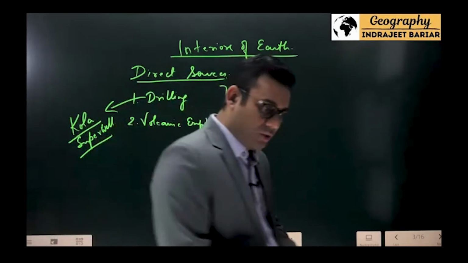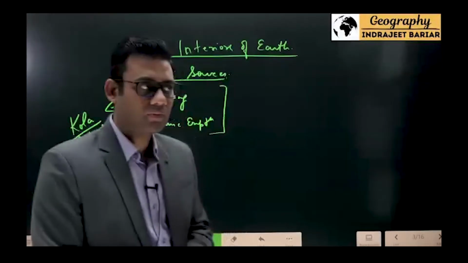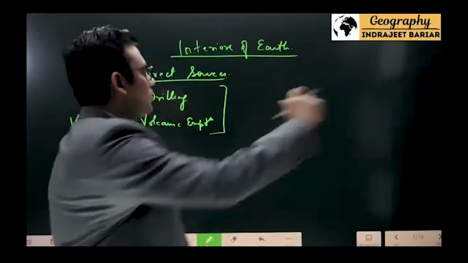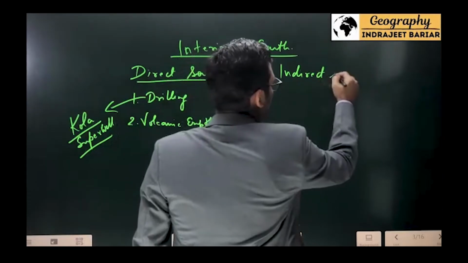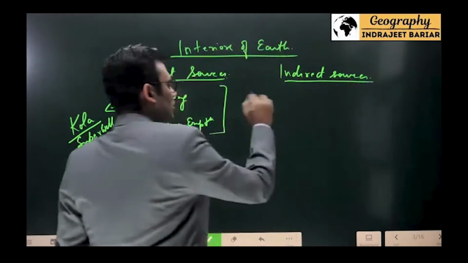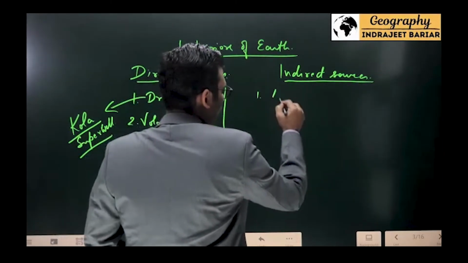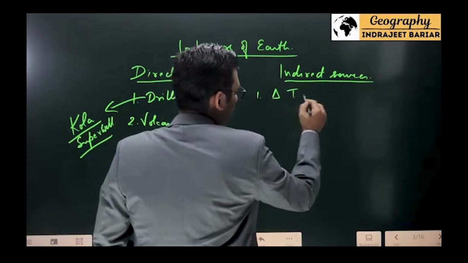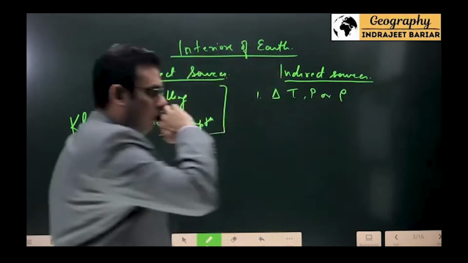So the geologists are more dependent on indirect sources. Basically with respect to indirect sources, under that the first comes the patterns of change in temperature, pressure, or density.